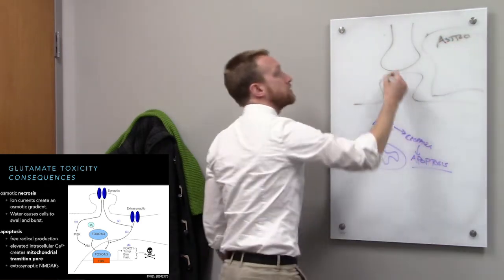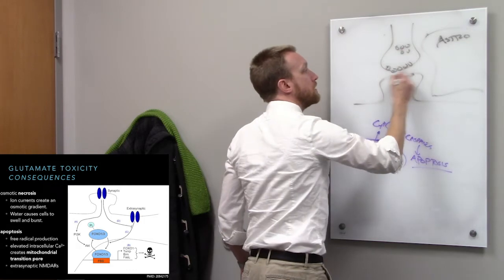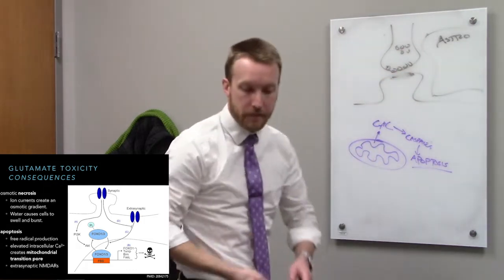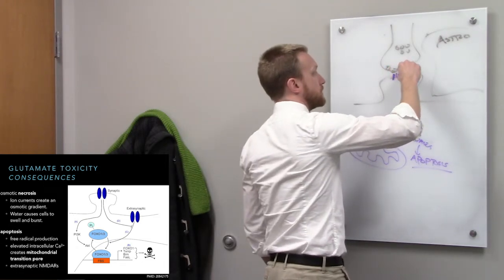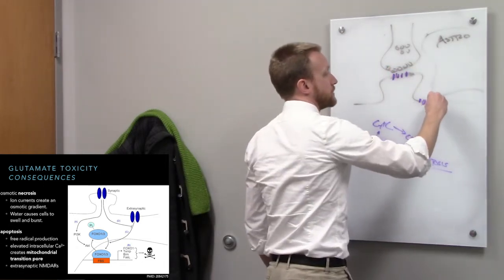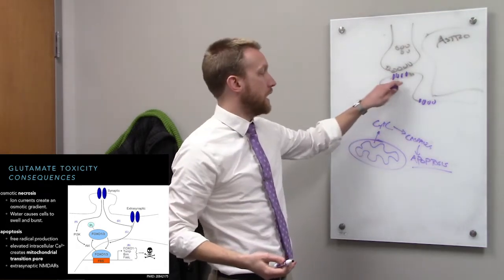So here's the astrocyte, here's our presynaptic site, here's the postsynaptic site. Now of course we have our AMPA, we have NMDA receptors as well. We also have extrasynaptic NMDA receptors. And these are a little different than those you find at the synapse.